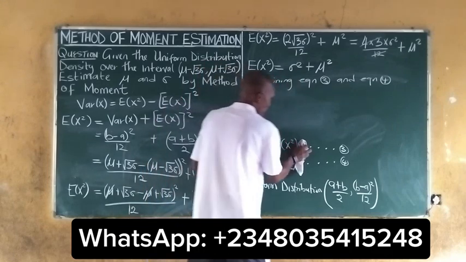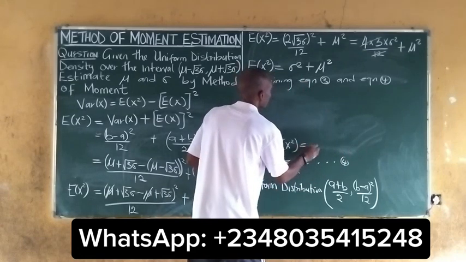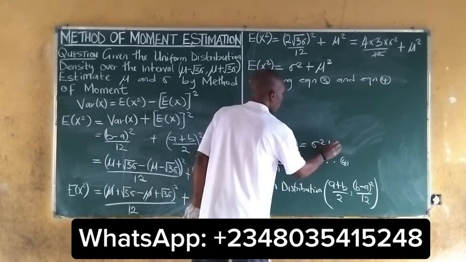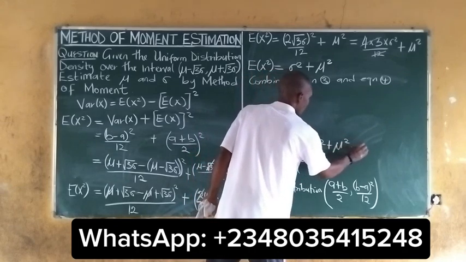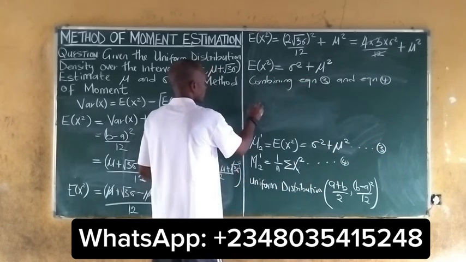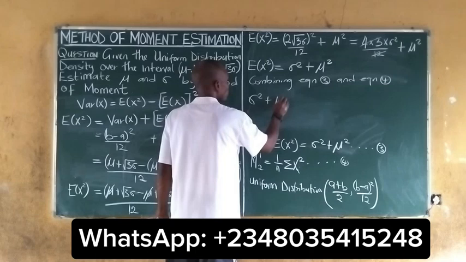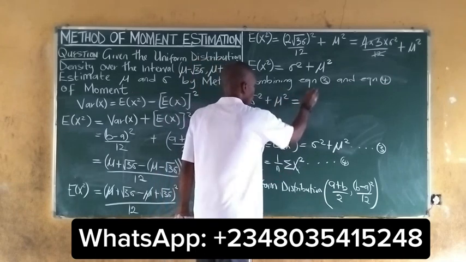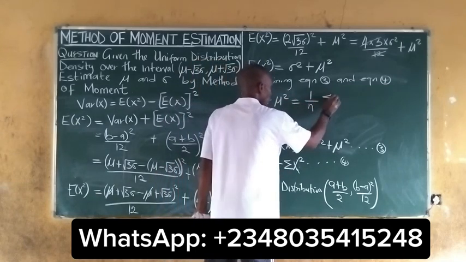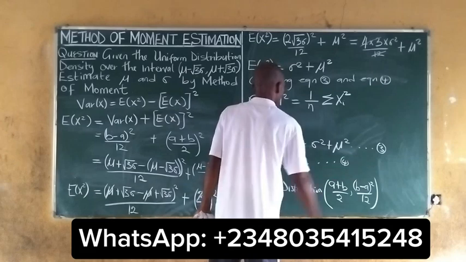We can write equation 3 as sigma squared plus mu squared. So if we combine them, we get sigma squared plus mu squared to be equal to 1 all over n summation of xi squared.